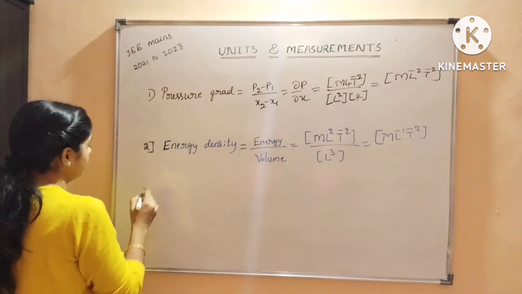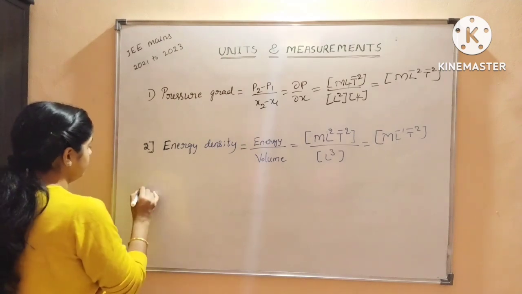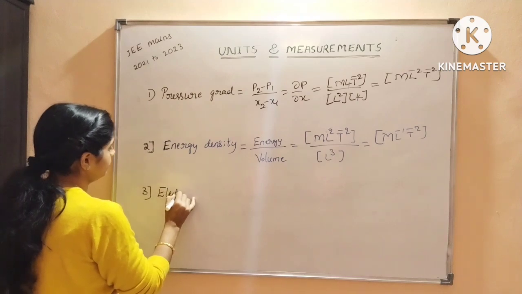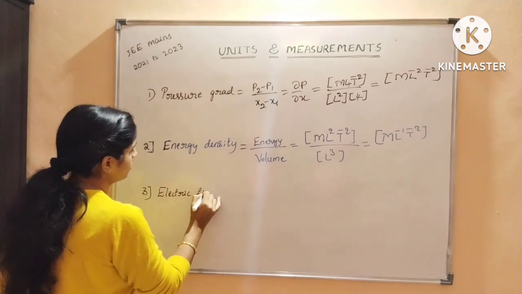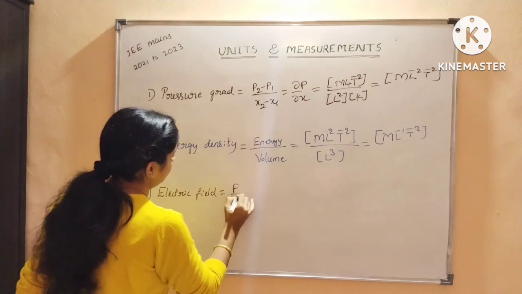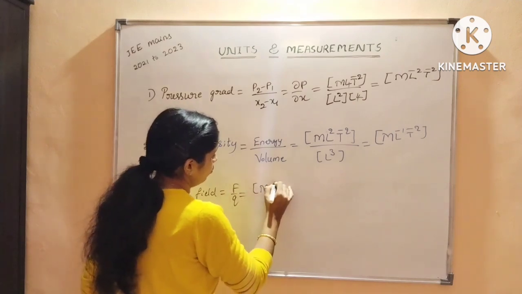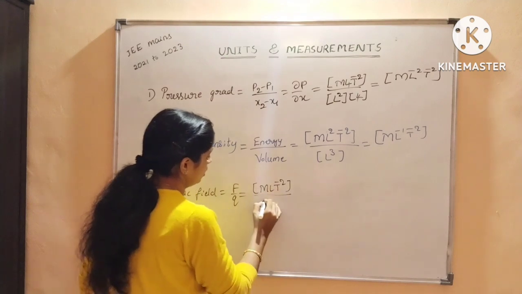Third one, electric field. What is electric field? Force per unit charge. The dimension of force you know already, M L T raised to minus 2.